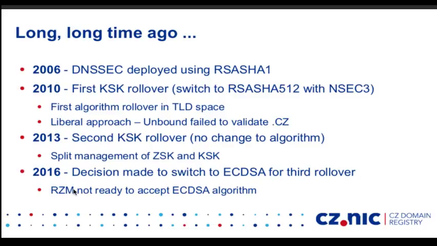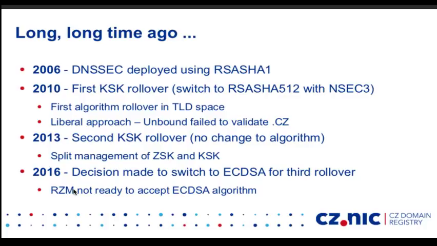Unfortunately, we got a call from Olaf Kolkman quite soon that Unbound was not validating .cz. Surprisingly, it was the only call at the time, because the penetration of DNSSEC was quite low and everybody was using BIND, so we didn't get any more complaints.